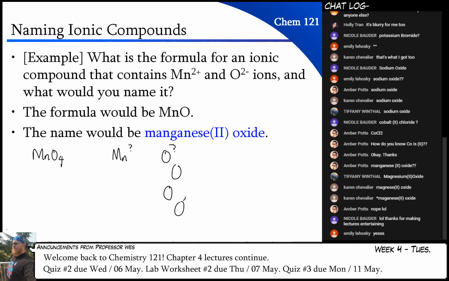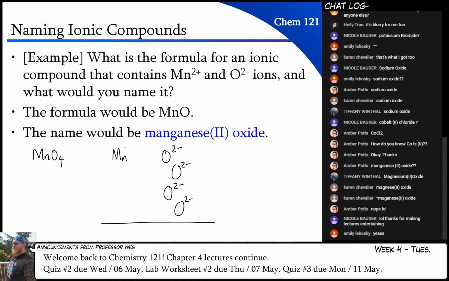Alright. I have 4 ions of oxygen, and we know that all of the oxygen ions make a charge of 2 minus because oxygen is in group 6. It has 6 valence electrons. I need to give each one 2 more electrons to have an octet.